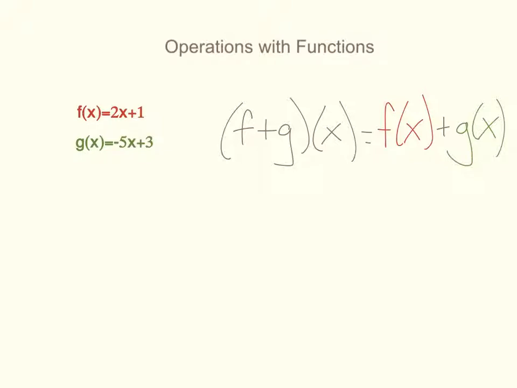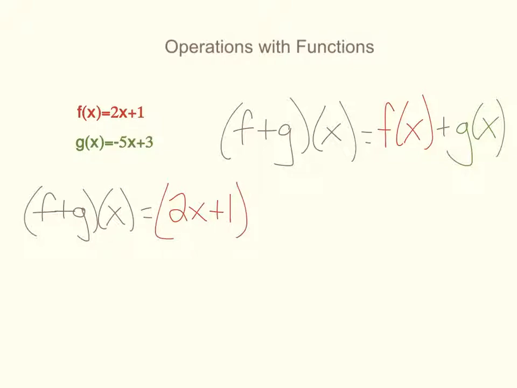So I'm going to rewrite this as the f function, which is 2x plus 1, and we're going to add the g function to it, which is negative 5x plus 3. So this operation is just telling us to combine all like terms.